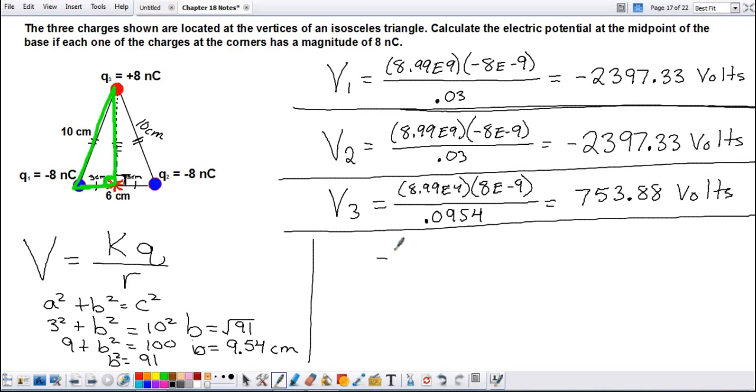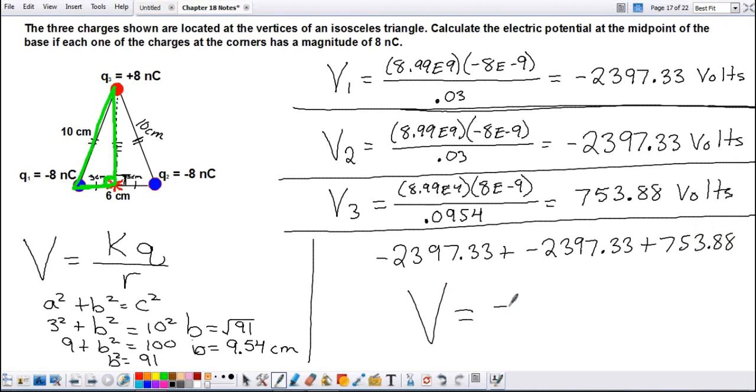So we have negative 2,397.33 plus negative 2,397.33 plus 753.88. So we get the total potential to be negative 4,040.78 volts.